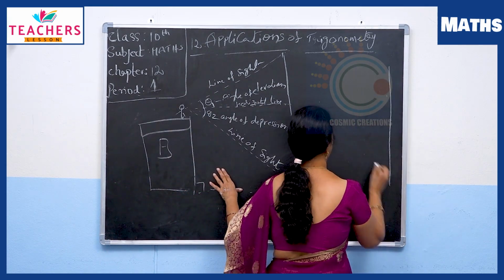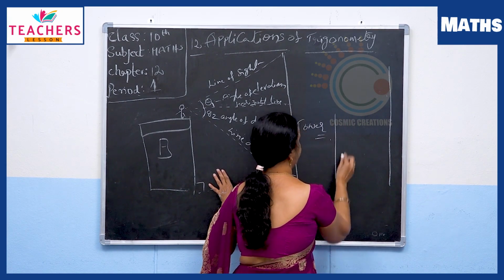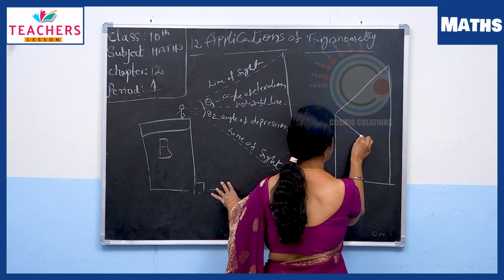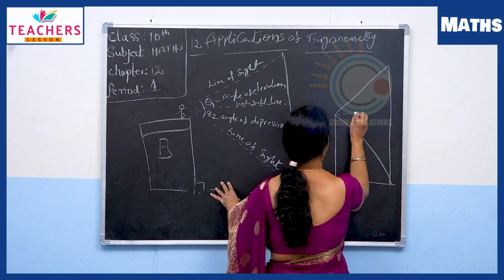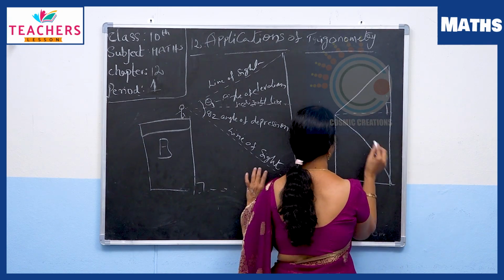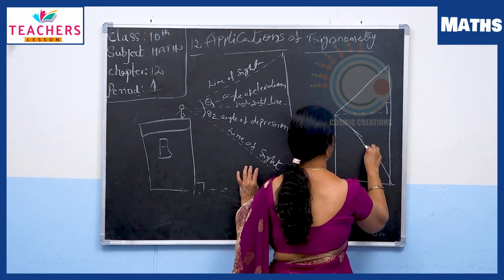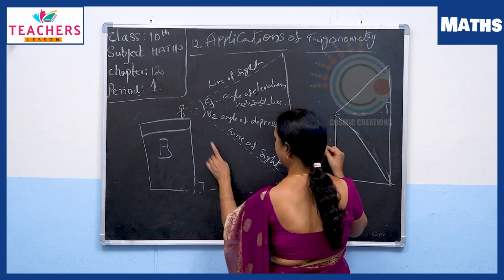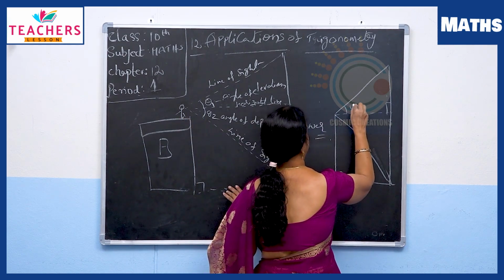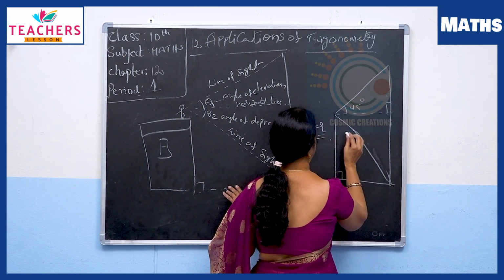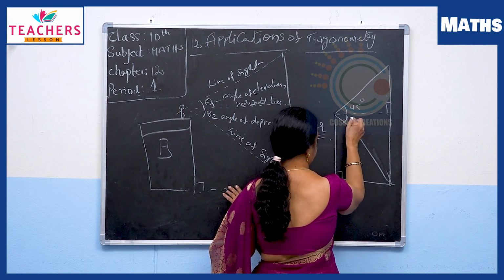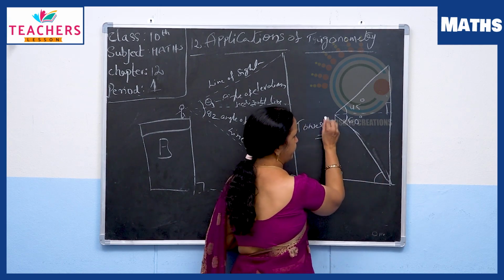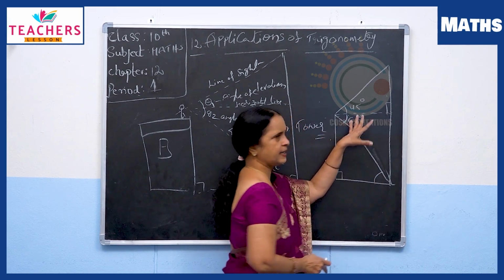I want to make one figure with the help of this information. Let it be a tower and let it be a building. This is going to be the angle of elevation. This is going to be the angle of depression here. Theta 1, theta 2, it was given. This is going to be 45 degrees, and here it is 60 degrees. These both are parallel lines.